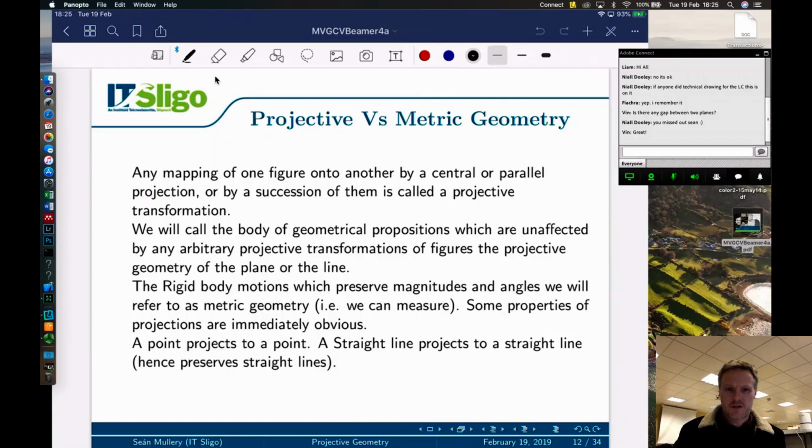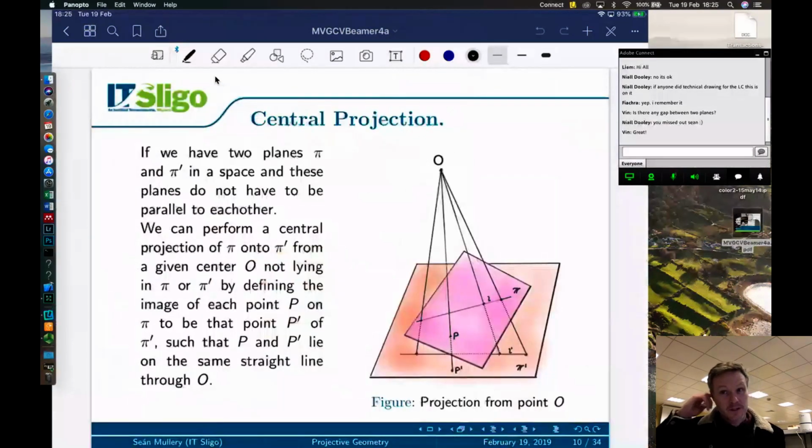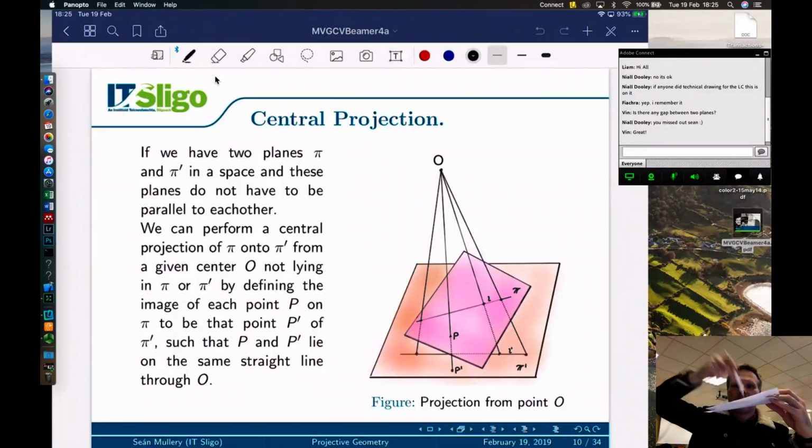Some properties of projections are immediately obvious. For example, a point projects to a point. If I've got one of these planes and another plane, and I've got a point on them, and from some other point I come through that, I'm clearly going to land at one other point.